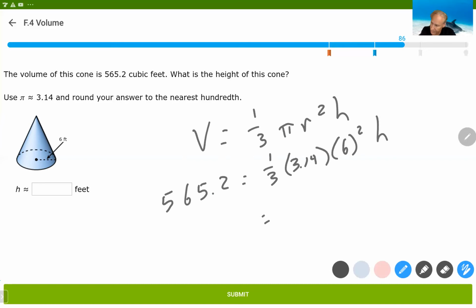So we're looking at 12 times 3.4 and 15. So H is about 15 feet.